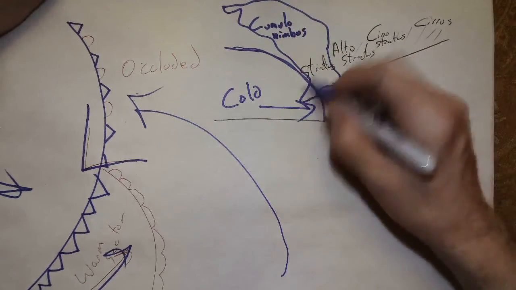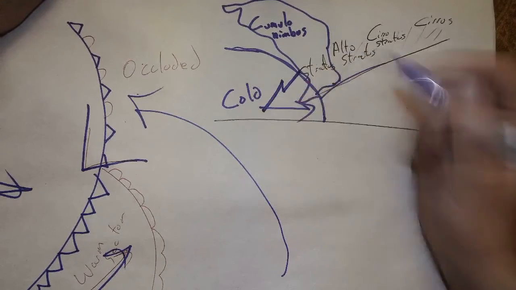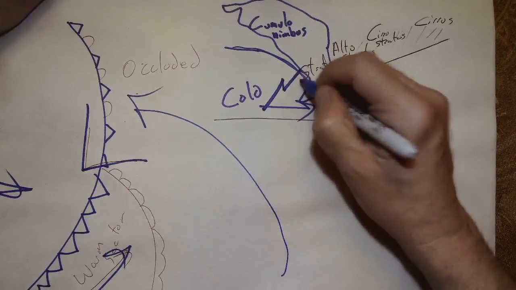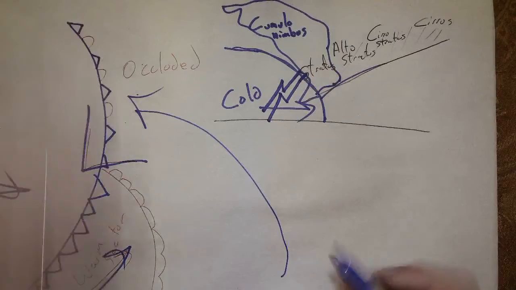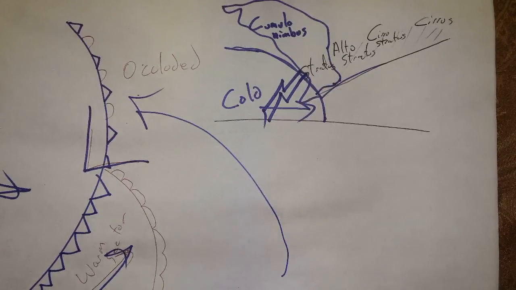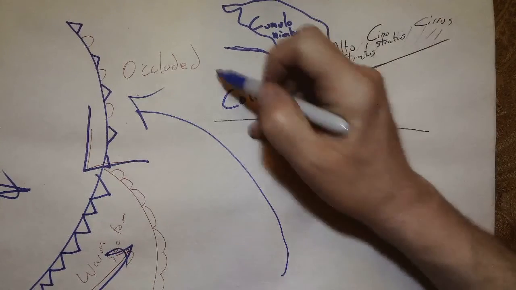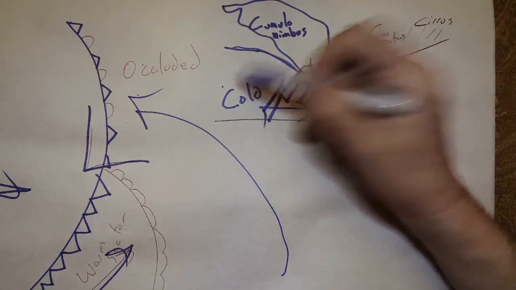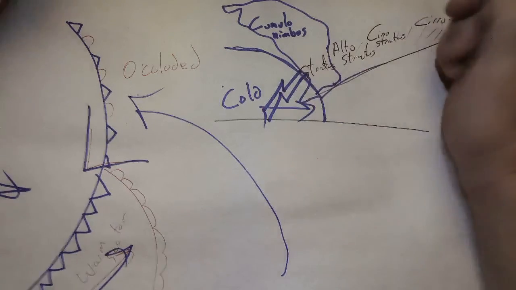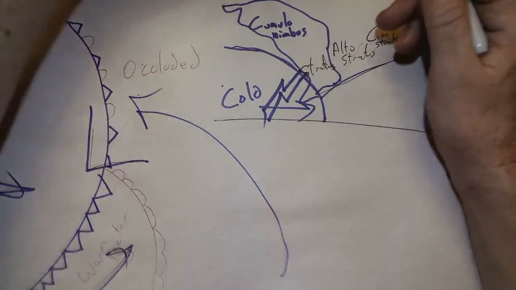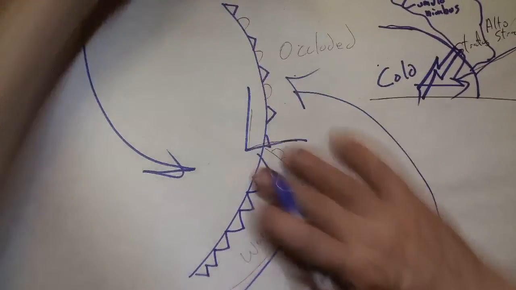And those cumulonimbus clouds will put a little lightning bolt there. Those cumulonimbus clouds will then be followed pretty quickly by a cold air mass. And that then, it will be the end of your mid-latitude low.